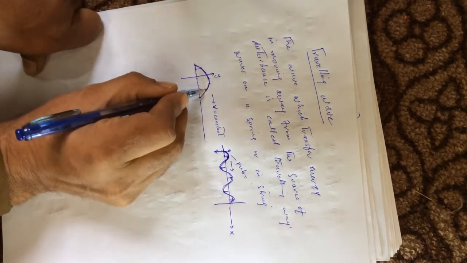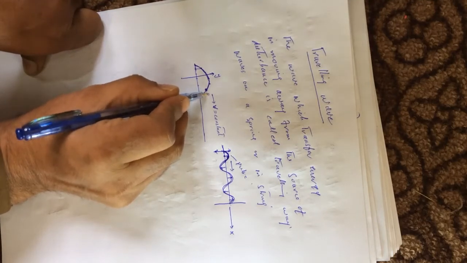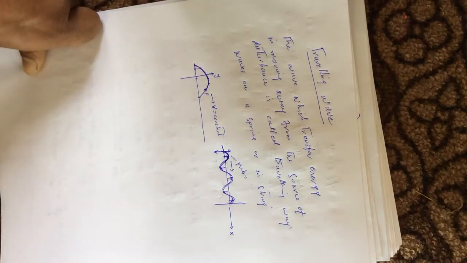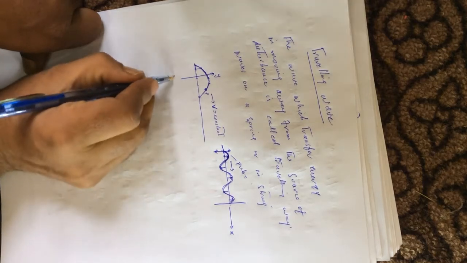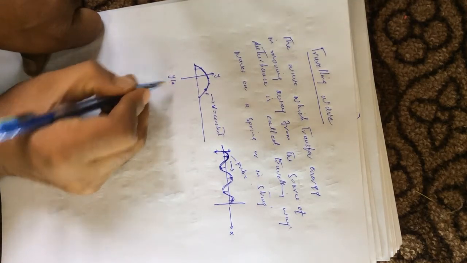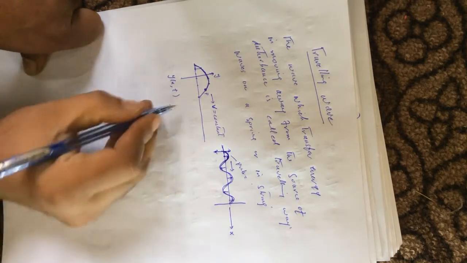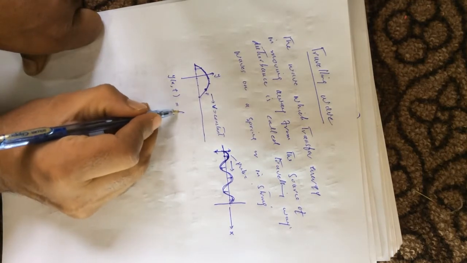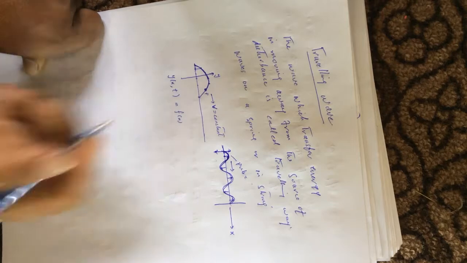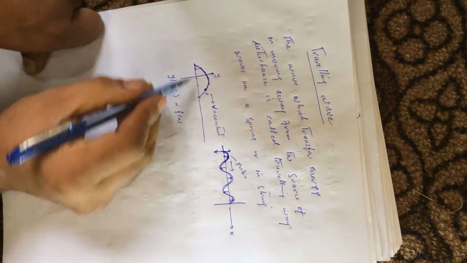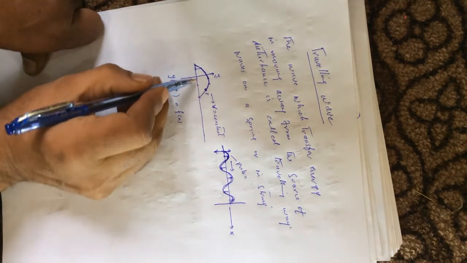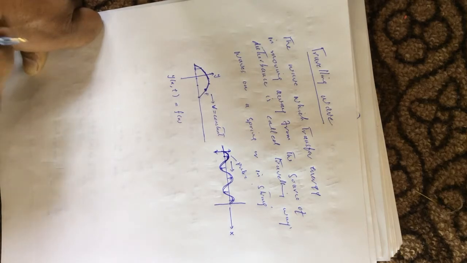So we consider a point P where the displacement along the y-axis, which is a function of both position and time, is equal to a function of x because it depends on the x-axis. If we are here, the displacement is this one. If I am here, the displacement is this one.